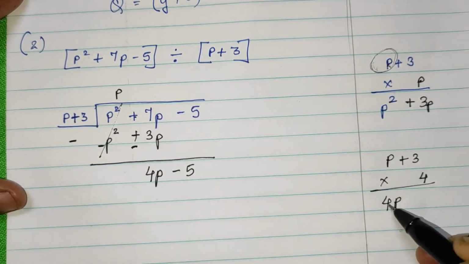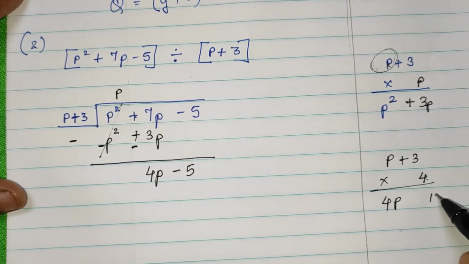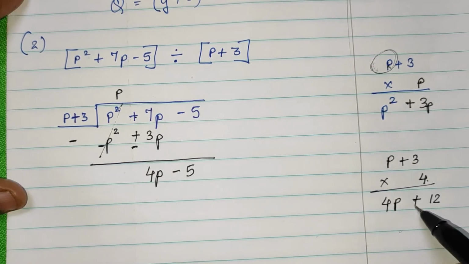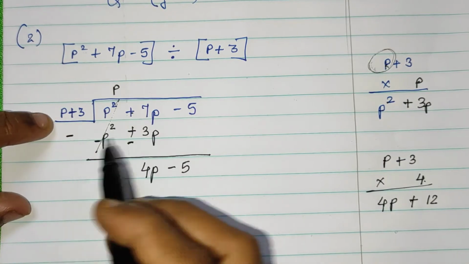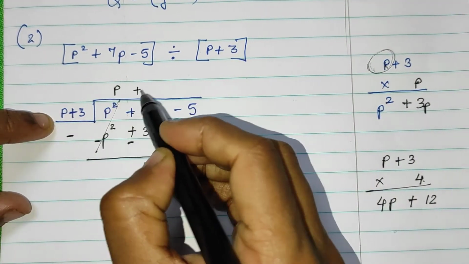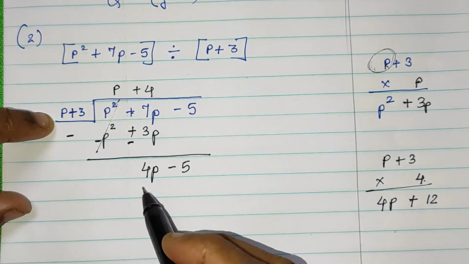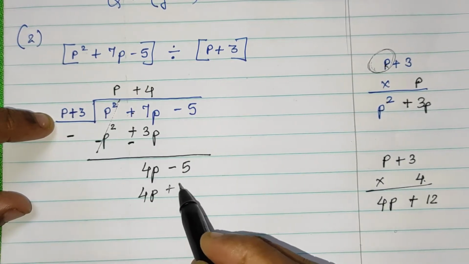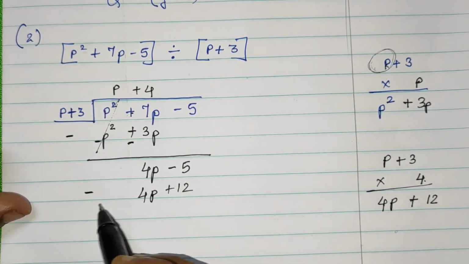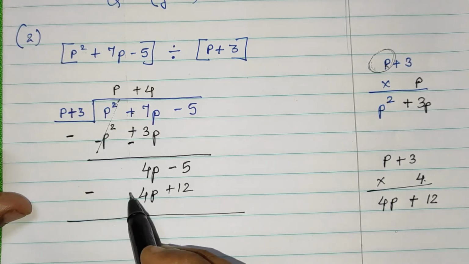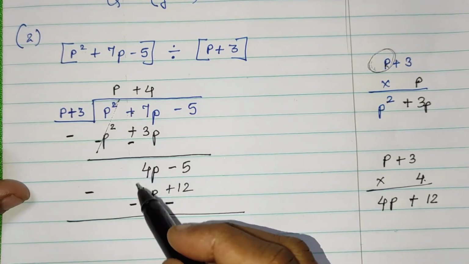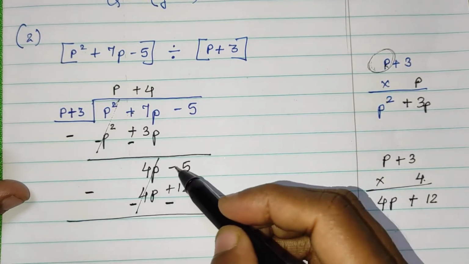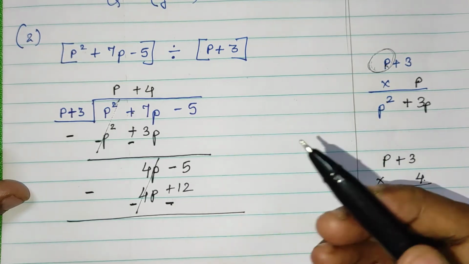So 4 into p, 4p, 4 3s are 12, plus into plus, plus. So now positive 4, we get 4p plus 12. यहाँ माइनस लेंगे एंड देन माइनस इंटू प्लस माइनस. सो ये पॉजिटिव ये नेगेटिव ये कैंसिल हो गया. माइनस एंड माइनस बिकम्स प्लस.